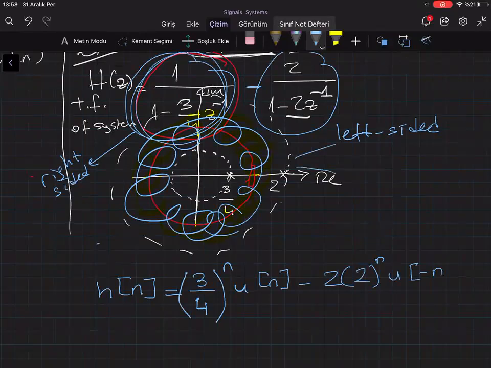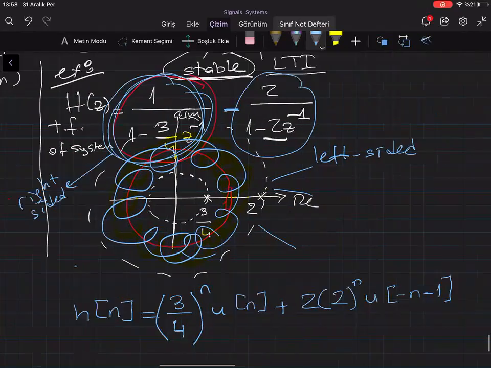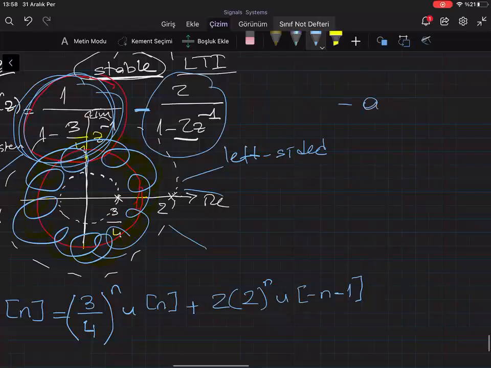So I should use u of minus n minus 1, right? But this time, because this is minus, this should be plus. If you remember this trick: minus a to the power n, u of minus n minus 1, gives 1 over 1 minus a z to the power minus 1.